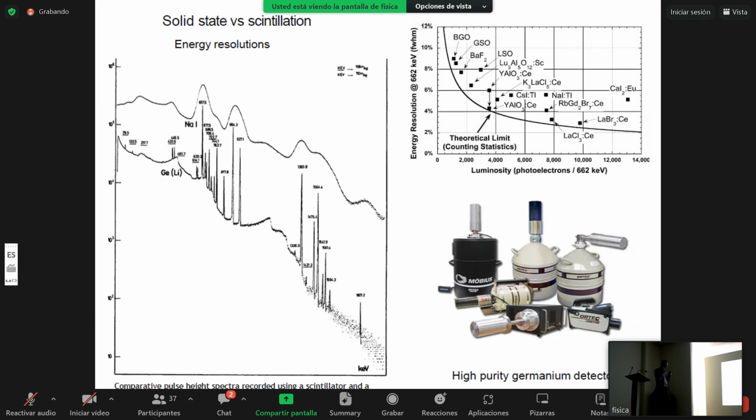Usually we operate them at liquid nitrogen temperature in order to decrease the noise which is caused by thermionic emission, and the device is connected to this dewar, which is filled with liquid nitrogen. The process of working with these detectors is quite complicated compared to scintillation detectors, because if you want to get these nice pictures, you have to keep the detector at low temperature all the time.